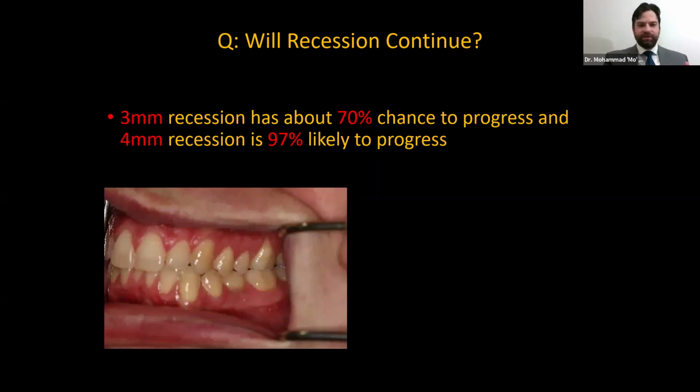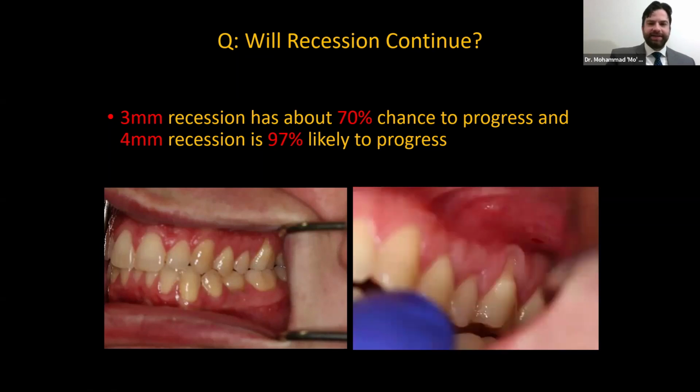And lo and behold, just a few months in, we see this. We can see the recession has progressed. Now it's going to the mucogingival junction, and it becomes more challenging. The root is a little prominent. It's a posterior molar. It's not an easy case, and it will only get more difficult. Fortunately, in this case, at this stage, we were able to intervene and we got complete root coverage.